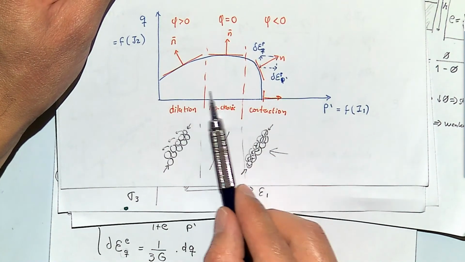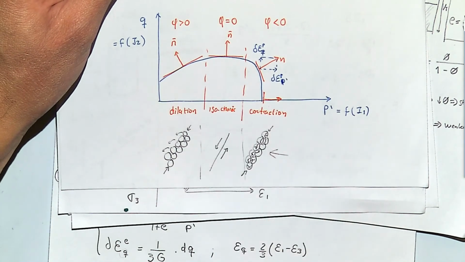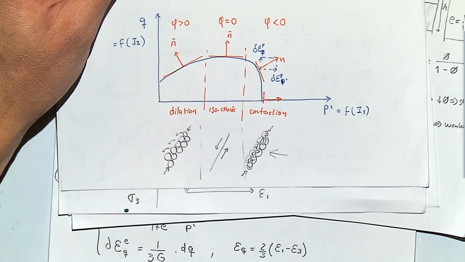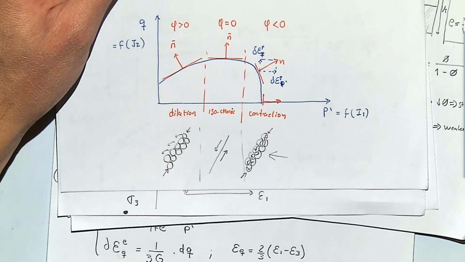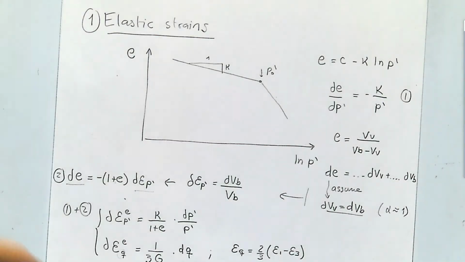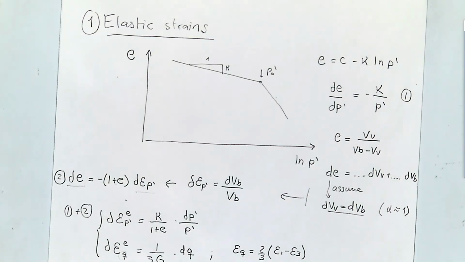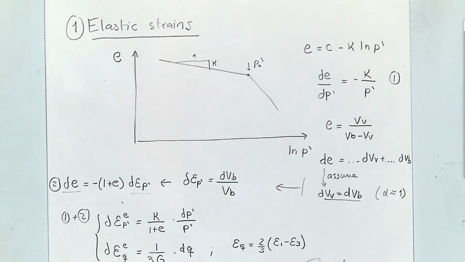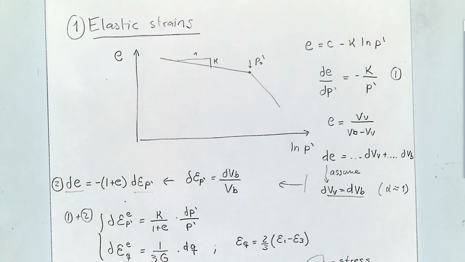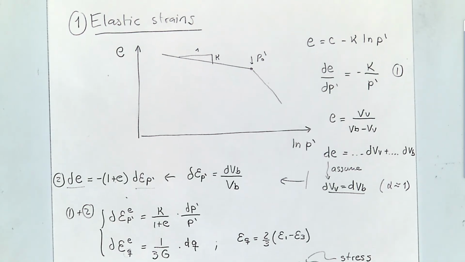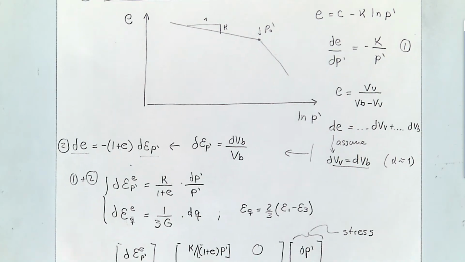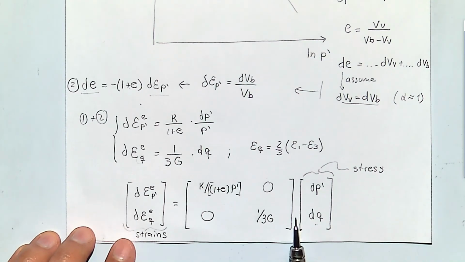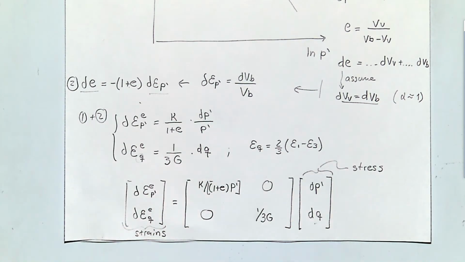Now we are inside here, and we just have elastic strains. And the same thing as we had before for linear elasticity, in which we said that the shear stress will not cause a change of a normal stress. Here in the elastic part it is going to be the same. These two are not going to be coupled.